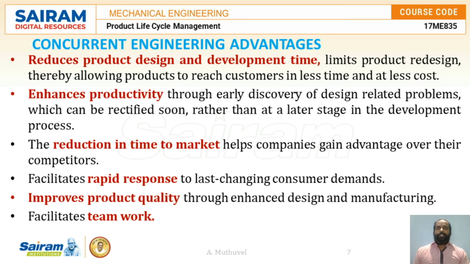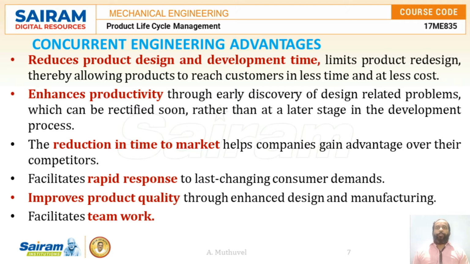Now we are going to discuss the advantages of concurrent engineering. It reduces the product design and development time, limits product redesign, thereby allowing products to reach the customer in less time at least cost. Enhances productivity through early discovery of design related problems, which can be rectified soon rather than at a later stage in the development process.